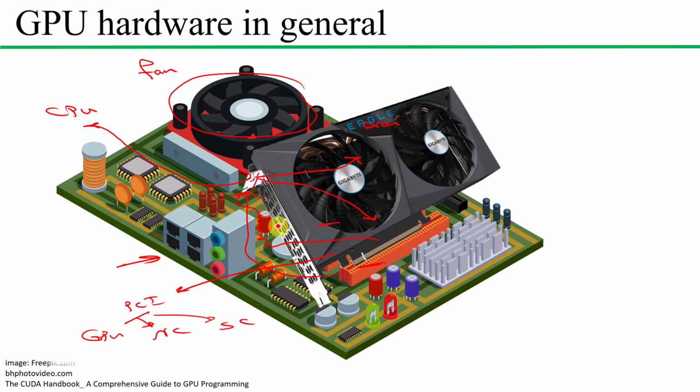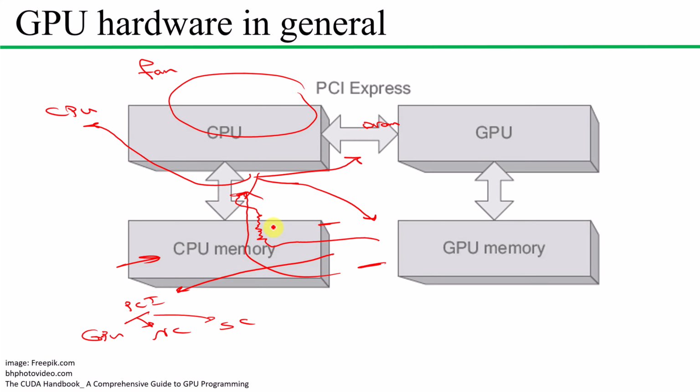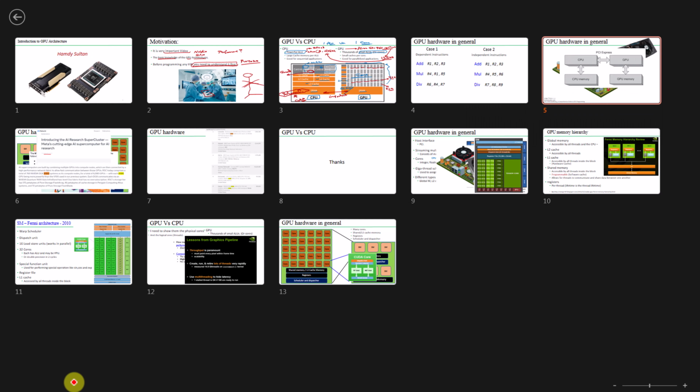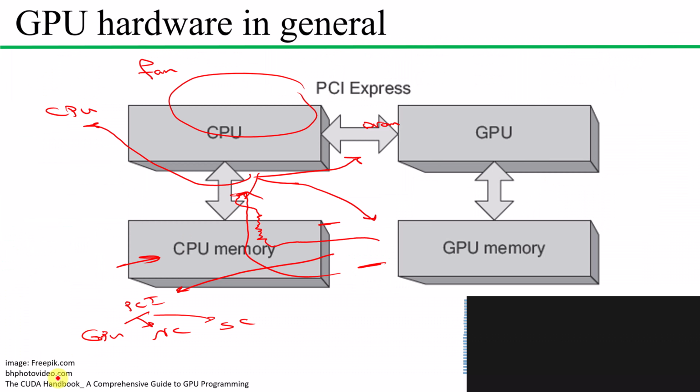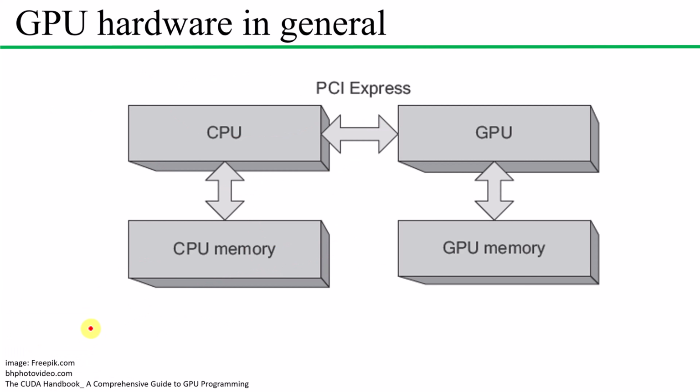This setup here is commonly depicted in most literature, showing the connection between the CPU and the GPU. As shown, you will observe the CPU, which is connected to the GPU through the PCI interface. Alongside the CPU, there is the CPU global memory, or what we call DRAM. Similarly, the GPU has its dedicated memory as shown here.